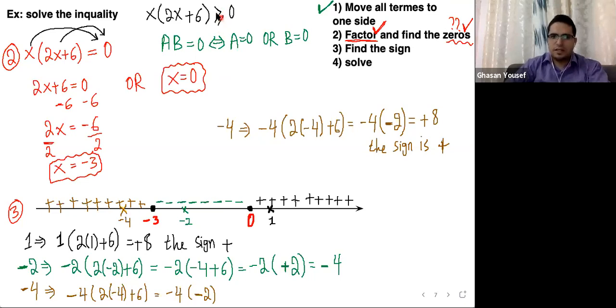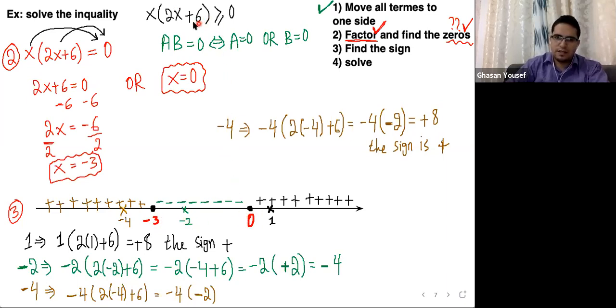If the question here said when this will be less than or equal to 0, that means when this inequality would be negative or 0. It will be negative in this interval from -3 to 0.